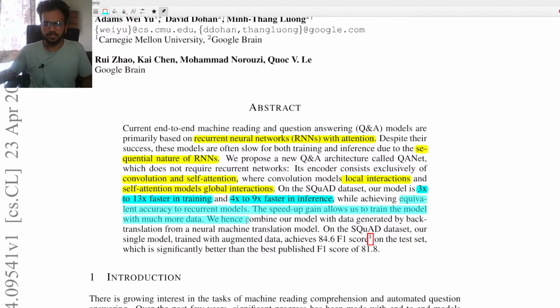One of the best models that existed to solve this problem was BiDAF, a bidirectional architecture which solved question answering, but this model was able to achieve comparable results along with 3 times to 13 times faster training and 4 times to 9 times faster inference, which is really amazing. So the speed up gain always allows us to train the model with much more data. This was another improvement over the recurrent models.